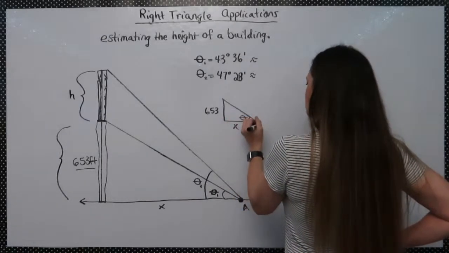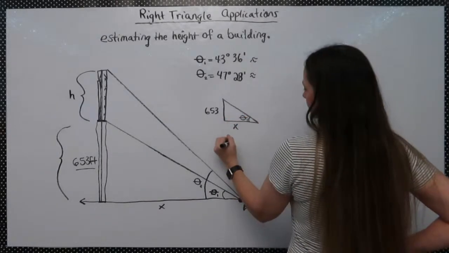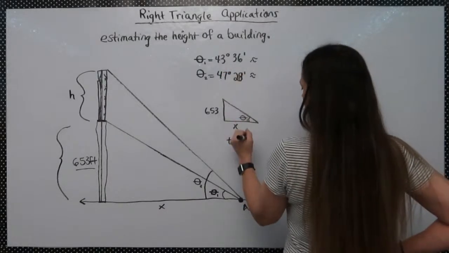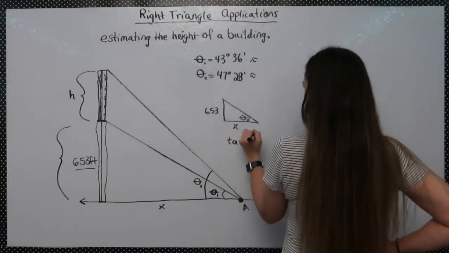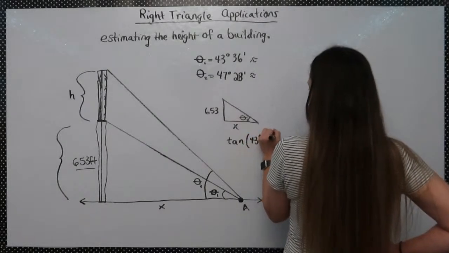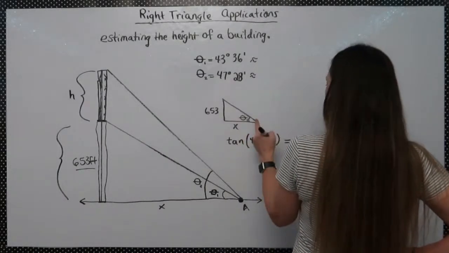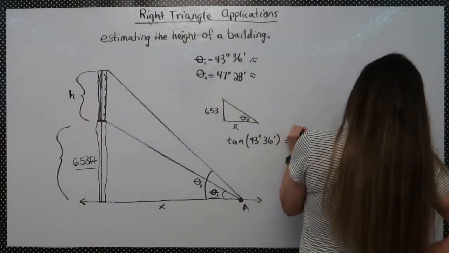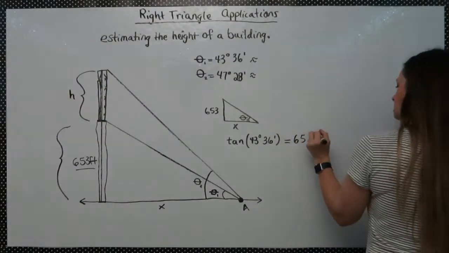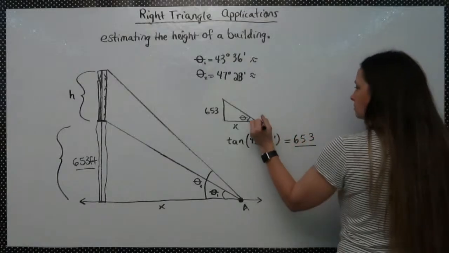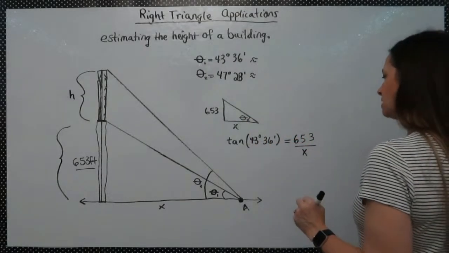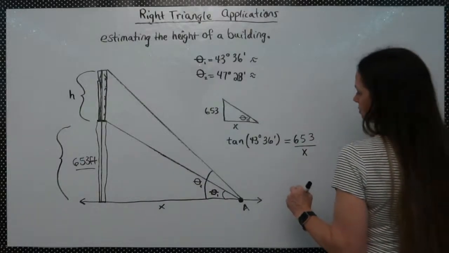So we're going to use tangent. So we're going to say tangent of 43 degrees and 36 minutes is going to equal opposite over adjacent. By definition, using the tangent function.